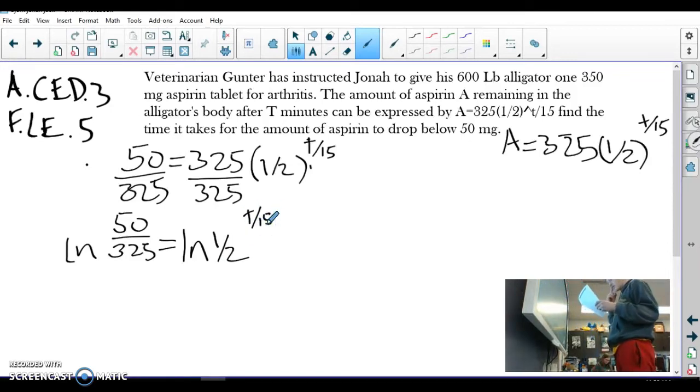We're trying to get T by itself, so right now we bring the T down here, because that's one of the laws, you can do that.